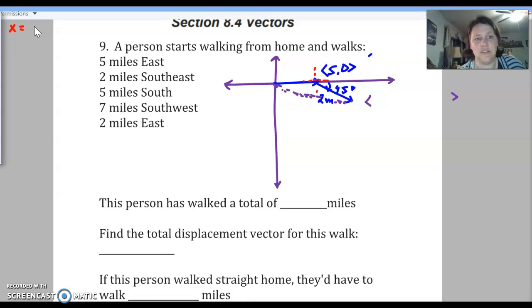So we've got a magnitude of 2, and then cosine of 45 degrees. And then for my y value, we've got a magnitude of 2, and then sine of negative 45 degrees. Negative 45 degrees on both of those.